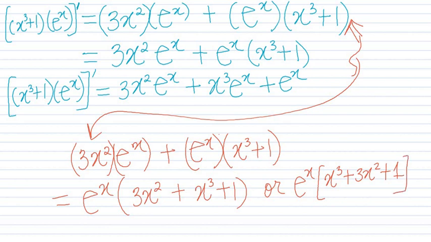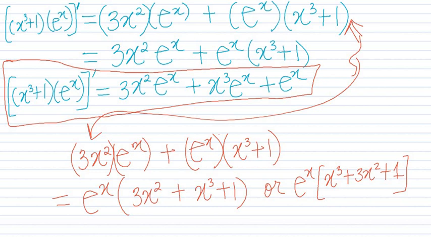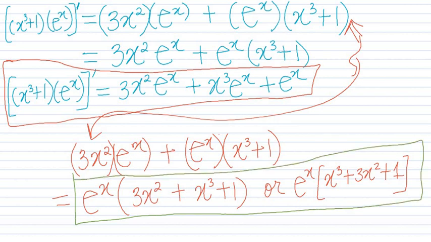I would say that you can put the answer this way that I'm boxing in red, or you can put it this way that I am boxing in green. Both of them are perfectly acceptable.